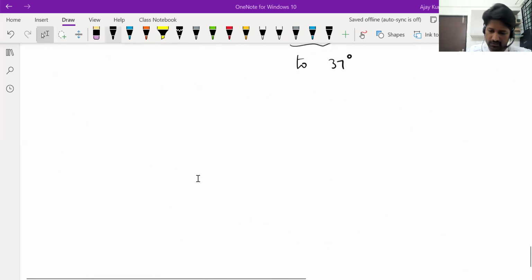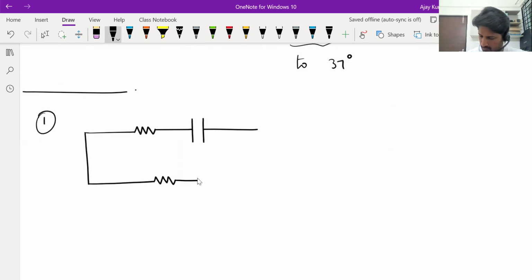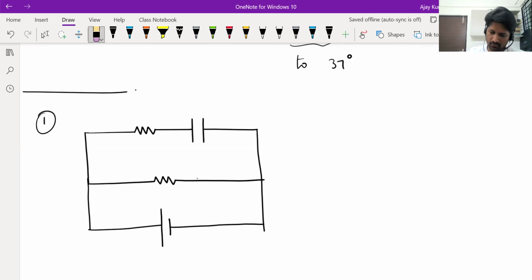Let's solve one question based on this. Let this be R, let this be 2R, C, battery EMF V. Okay, let's consider a switch also.